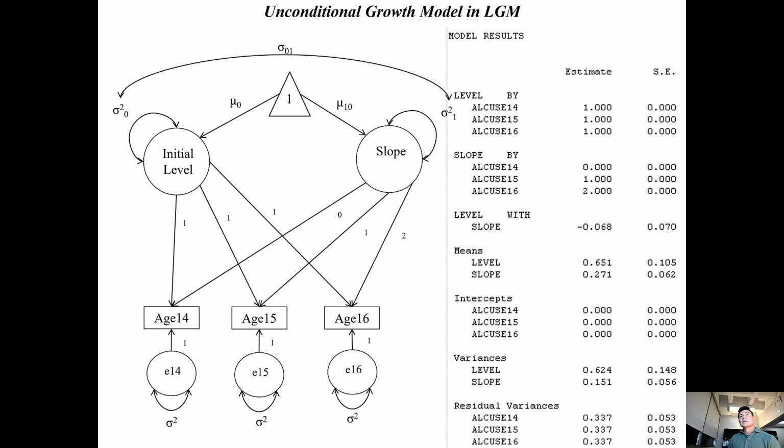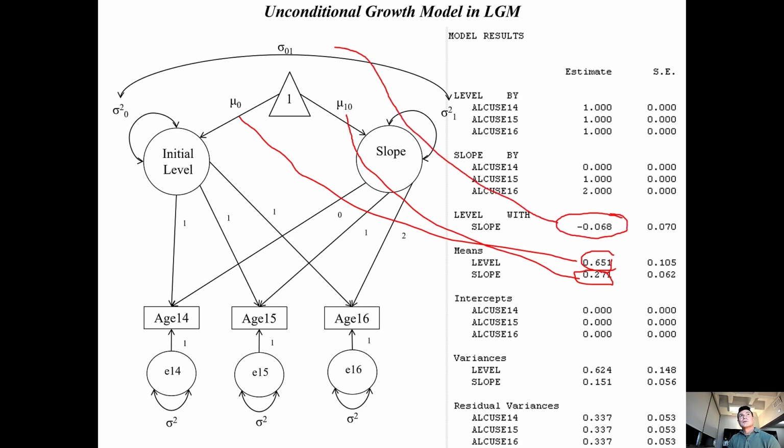Okay. And then when we get our results, they're exactly the same as the results in SPSS. So we have a mean of each of these. So this is the mean of the intercept, the mean of the slope. We've got a relationship between these two, the covariance between level and slope.